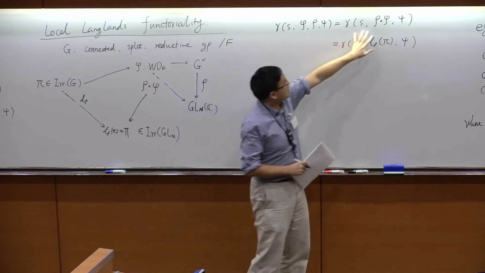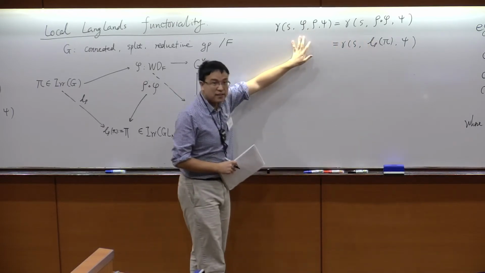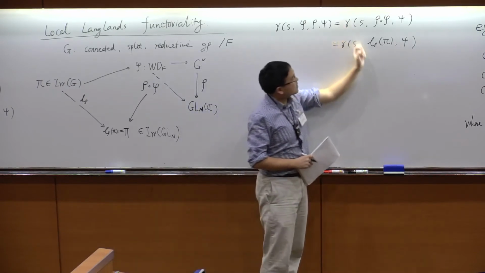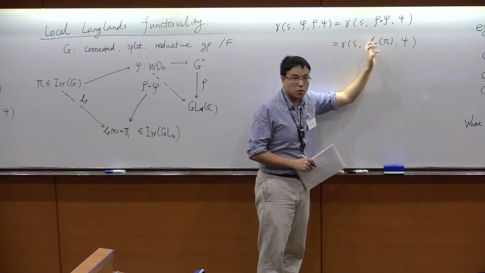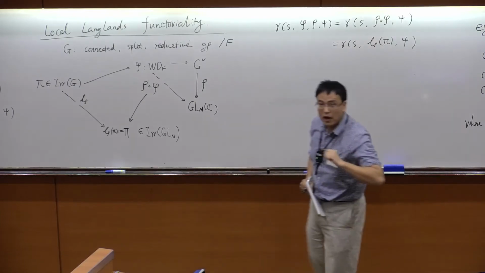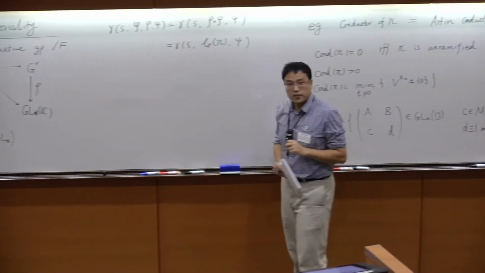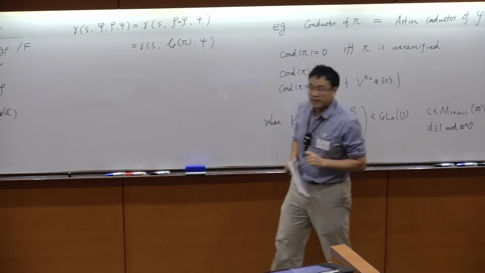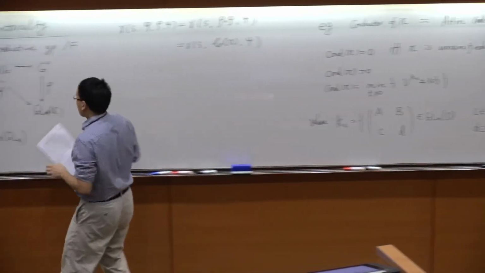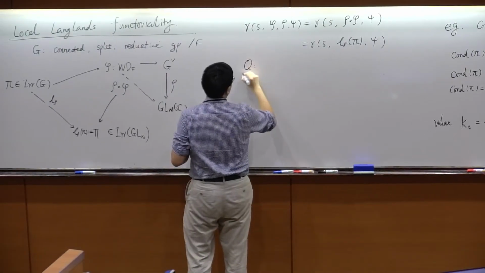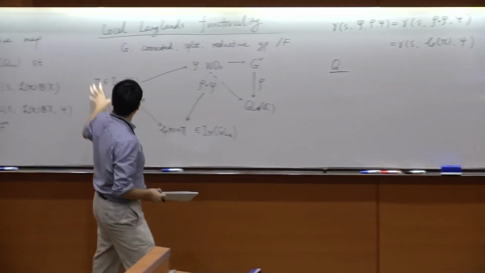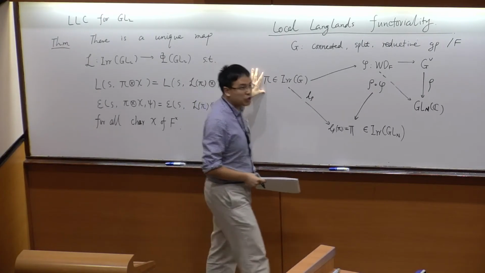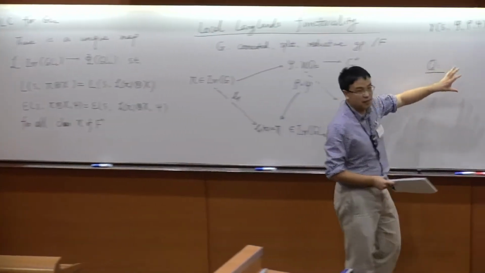This is the parameter of GL_N, and this is how we define it for the general G and ρ. If you look at these two columns, this is what we get from the local Langlands correspondence for GL_N. In other words, this is given by Godement–Jacquet. And now our question is: how do we define a gamma factor associated to this π which is compatible with this lifting?